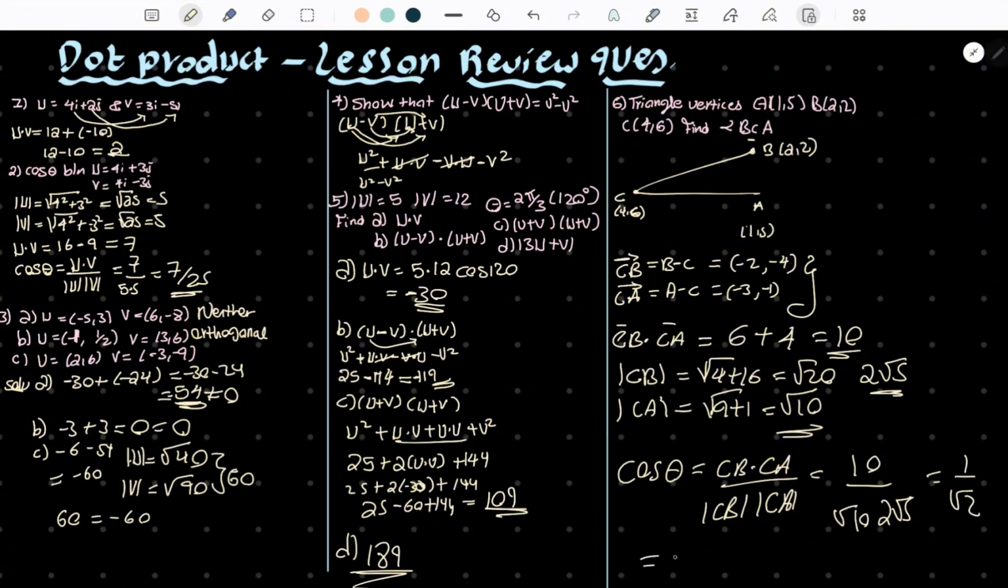When we factorize it, this is root 2, this is root 2, so it's going to be root 2 over 2. And as you know, the cos theta value for root 2 over 2, or the angle value, is 45 degrees.